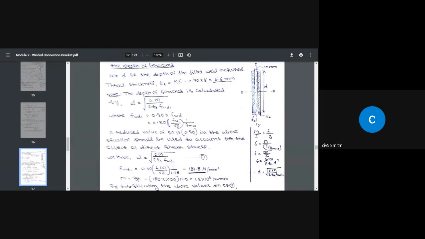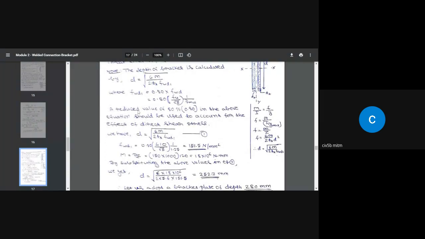So even to take care of that, we are going to reduce this FWD value to 0.80 FWD, which is FWD1, and substitute the lower value of FWD. That way we are going to get a higher value of D. So that is going to take care of both F1 and F2 stresses.